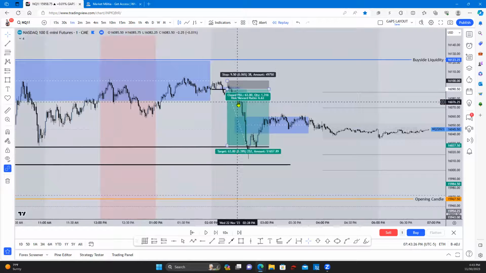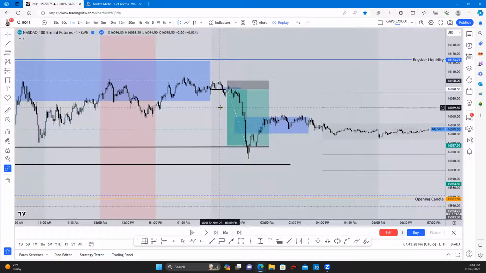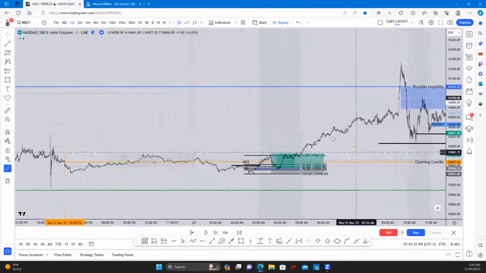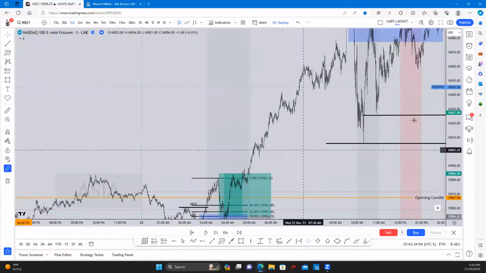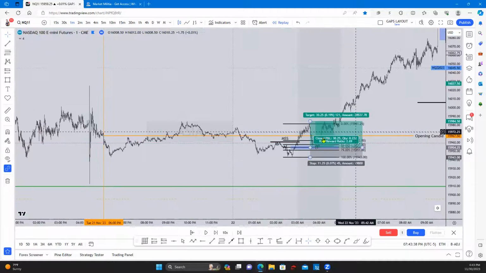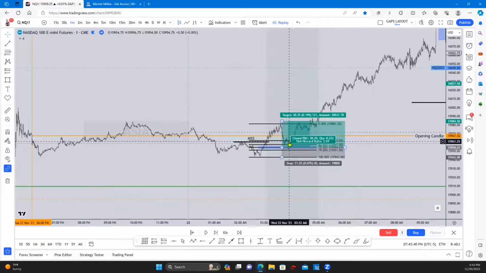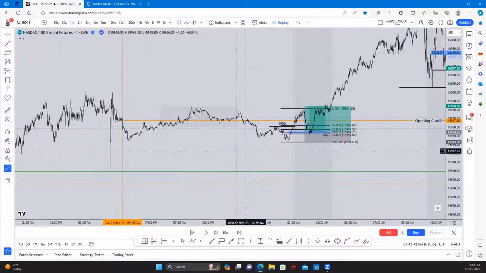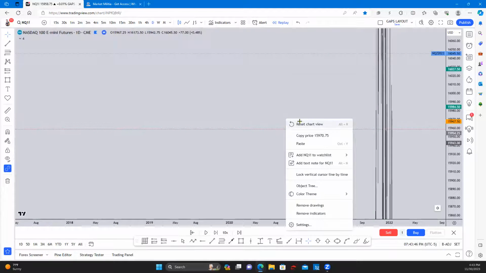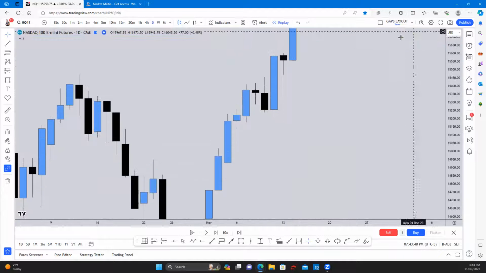We tapped in, nice 1 to 6 RR there. So this day, of course, it's not always going to line up with maybe your session. Like if you trade the New York session, here the entry happened during London, but the premise is still the same. Okay, so if we go to the daily time frame, and let me show you this here.